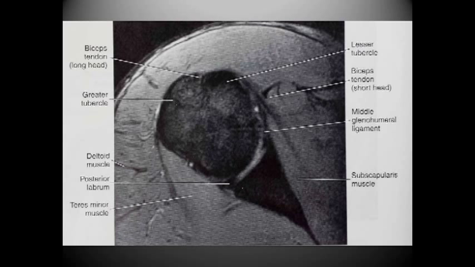Once again, we're looking at the humeral head. We have the greater tubercle, the lesser tubercle. We have the biceps tendon originating here, the deltoid muscle, the subscapularis muscle, the biceps tendon.